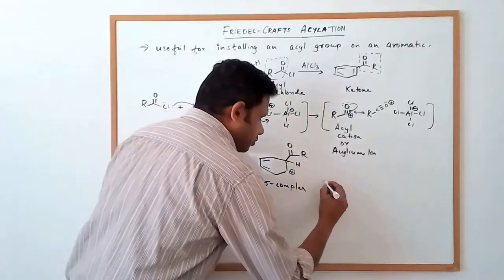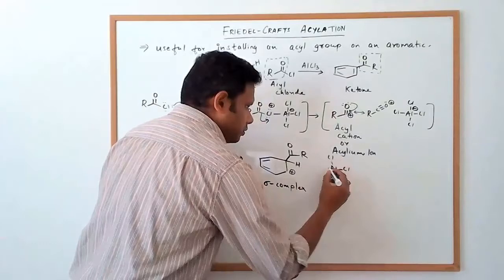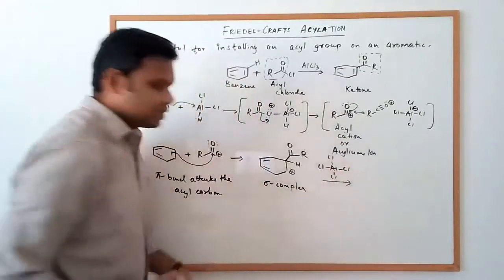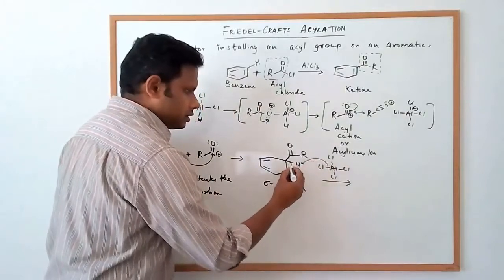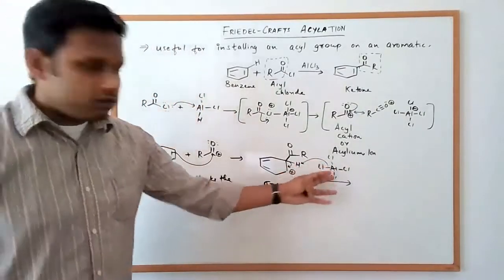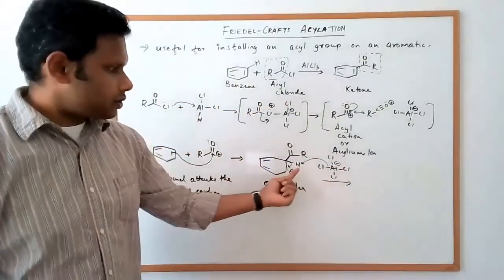And once the sigma complex is formed, any weak base which is in the system can help deprotonate this hydrogen. And whenever we are working with this aluminum trichloride catalyst, it's usually the halogen on that.